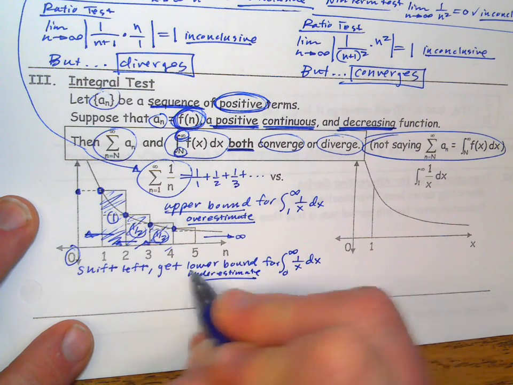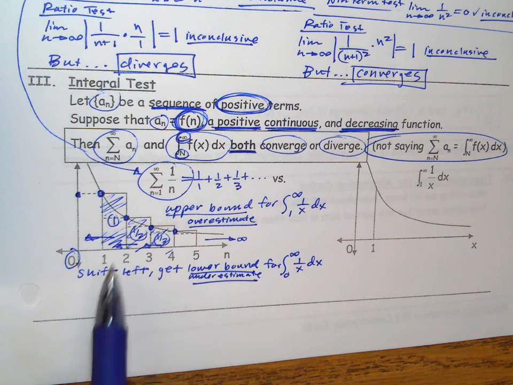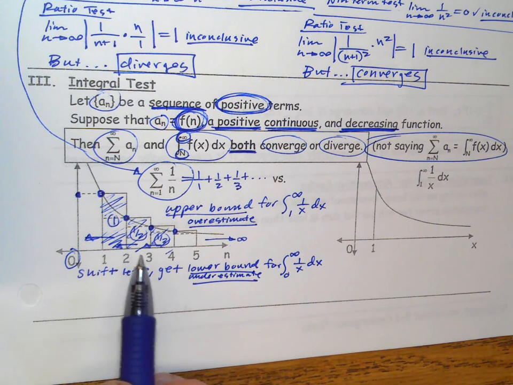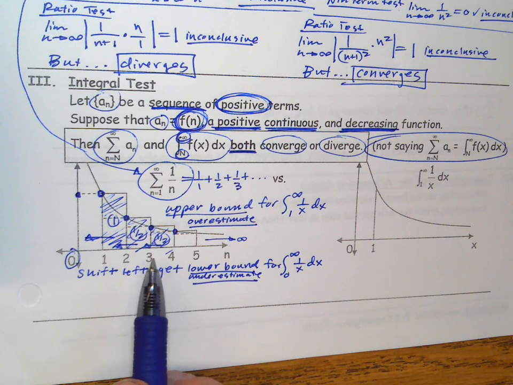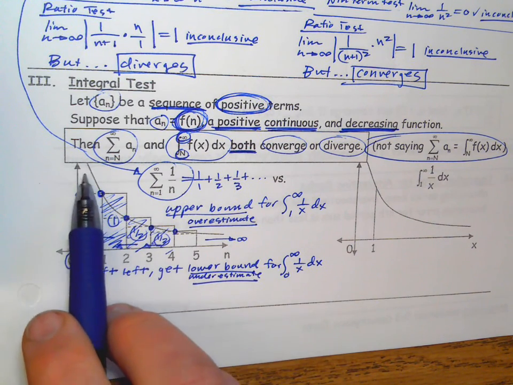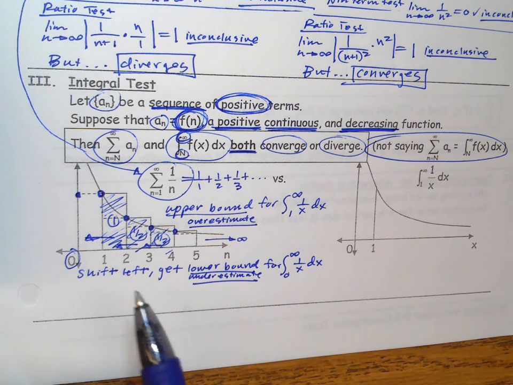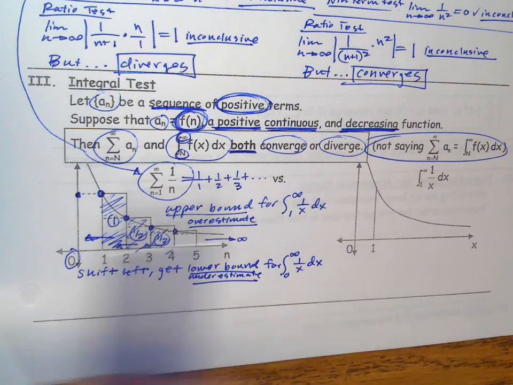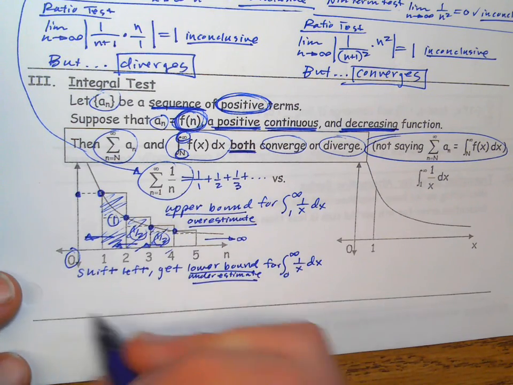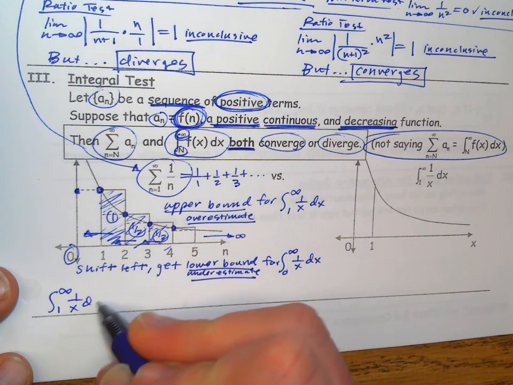Okay, so this is kind of tricky. That means we can shift this and compare it to a function that starts at 0 instead, and then it actually does fit underneath it. So these functions are going to behave like each other. So the integral from 1 to infinity of 1 over x dx.